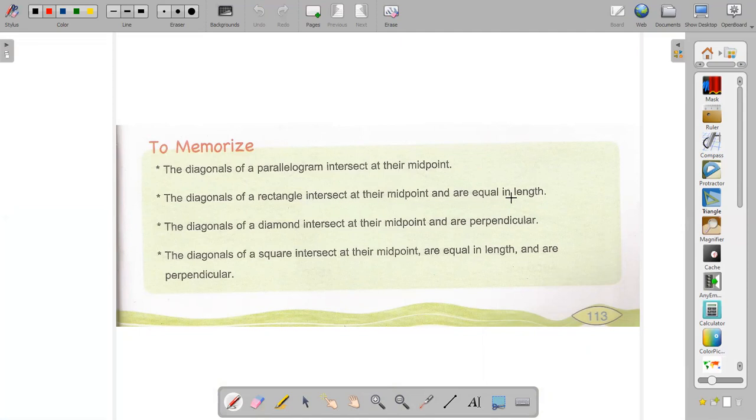The rectangle intersects at a midpoint, and we drew them, they have the same length, equal. Diamond means the rhombus: they were like a plus, meaning perpendicular, plus intersect at a midpoint. The square has everything: diagonals intersect at a midpoint, are perpendicular and of the same length. Okay, we will practice, we will do more examples on Tuesday. See you. Bye bye.